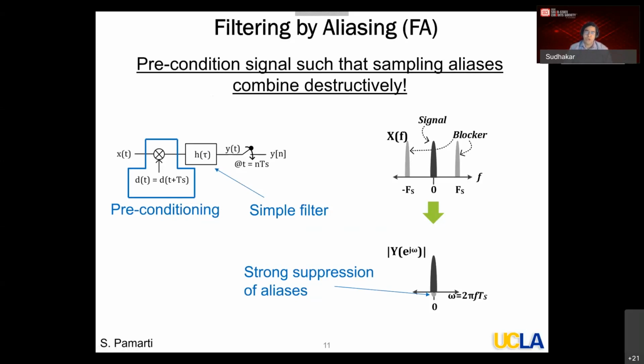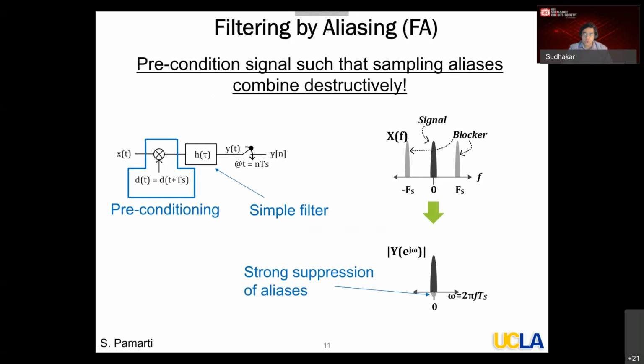So normally you would filter out the aliases before doing the sampling. Here, I'm not going to filter out the aliases sharply before sampling, but instead, I'm going to precondition. And what's the preconditioning? I'm going to take my input signal and multiply it with a periodic signal d of t. This d of t has the same period as my sampling period, Ts. Ts is just 1 over fs. And then I'll follow it up with a very simple filter, like a first order RC or a simple integrator or something like that.